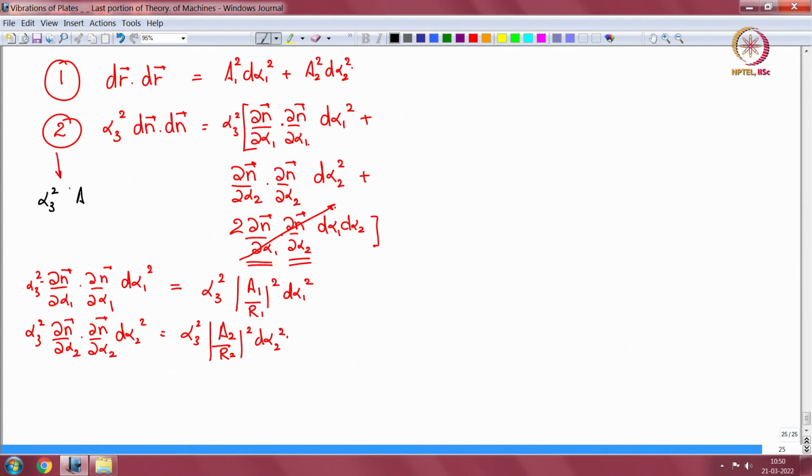So, a1 squared by r1 squared d alpha 1 squared plus a2 squared by r2 squared d alpha 2 squared, that is term 2. Okay. So, we are running out of time. So, let me stop it here, we will continue from the next class.